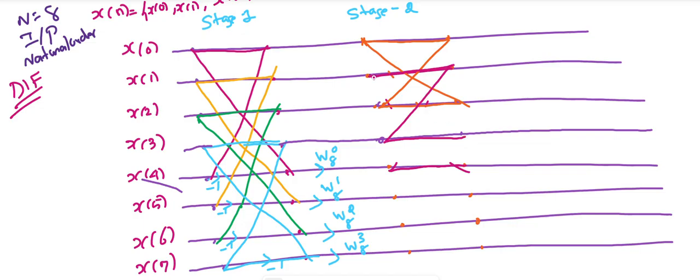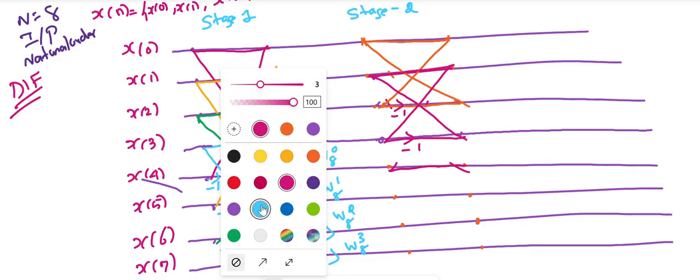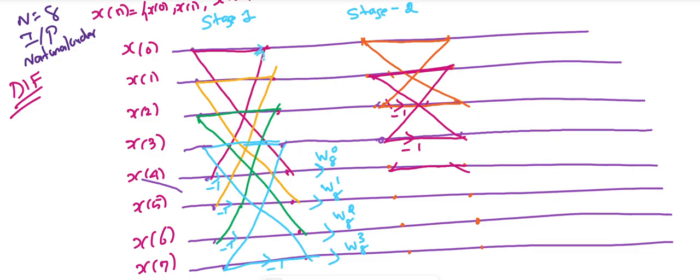Second butterfly. So the lower wing should have -1, this one -1. Okay, so this arrow mark, you should put arrow mark also on the lower wings.